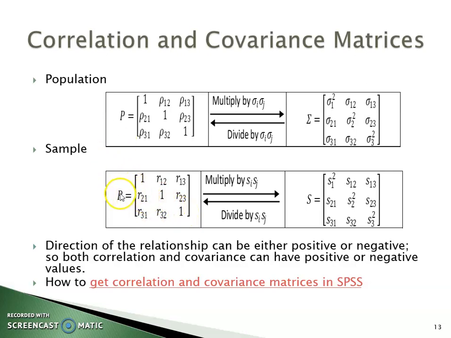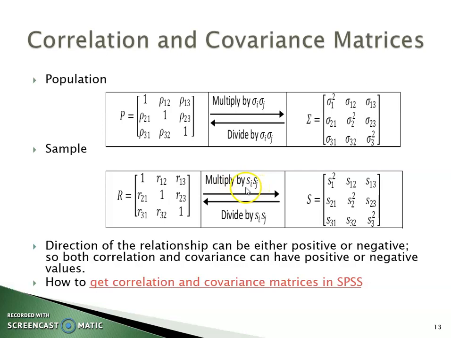So to convert from a correlation matrix to a covariance matrix, what you need to do is identify what variables are involved for a given number, then multiply the standard deviation of the variable, okay? For example, if we talk about the correlation between x1 and x2, the two variables that are involved are x1 and x2.